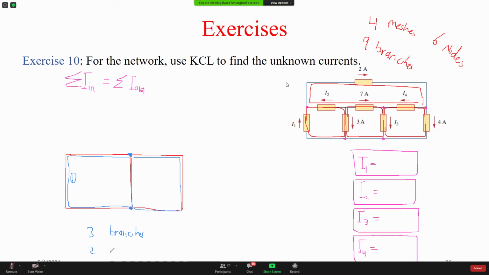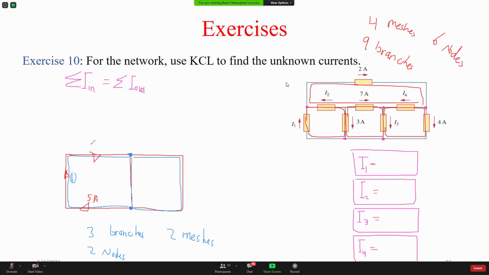2 nodes and 2 meshes. Meshes are the small windows. I can give you an example here. If the current going here is 5 ampere, just say 5. What is the current here? It's going to be 5. What's the current here?